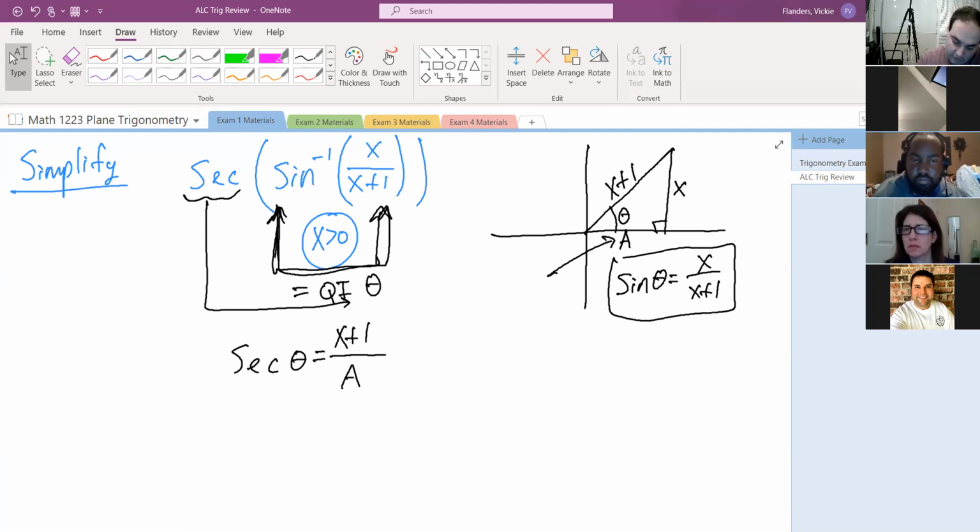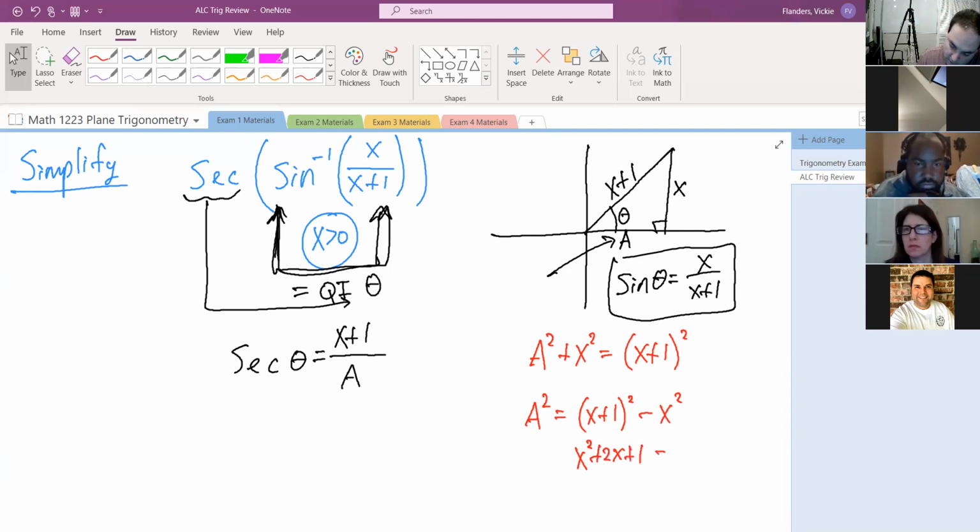Well, I can use the Pythagorean theorem for that. A squared plus x squared should be equal to x plus 1 squared. Therefore, A squared is equal to x plus 1 squared minus x squared, which I can simplify a little bit. It's x squared plus 2x plus 1 minus x squared, by foiling out x plus 1 times x plus 1.